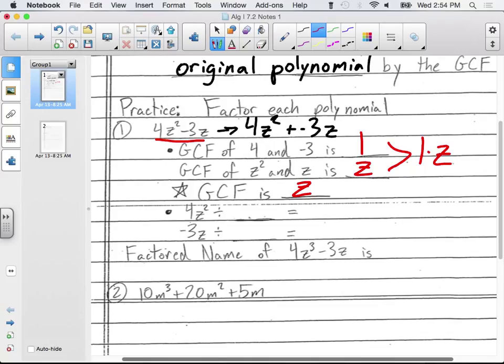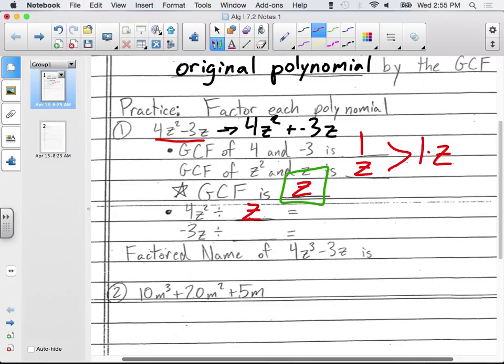Alright, once we found our greatest common factor, that is the first factor that is going to be part of our answer when we're all done. The next thing we have to do is find the second factor that is going to be part of our answer. The way we do that is we take each term that was in our original polynomial and divide it by our greatest common factor. We said that was z.